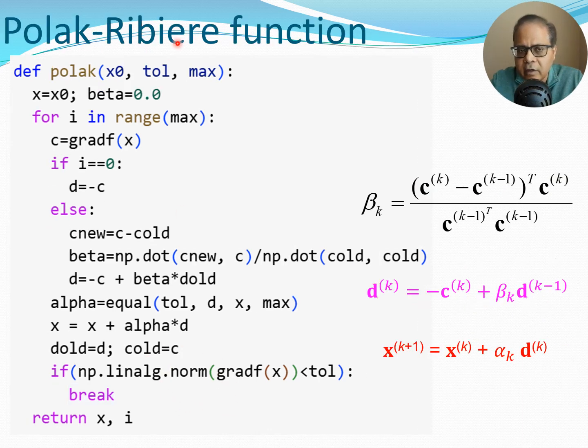For Polak-Ribiere, the only change is in this beta value here. So the beta value now corresponds to this formula which was proposed by Polak and Ribiere. So you can see here that formula is given here.